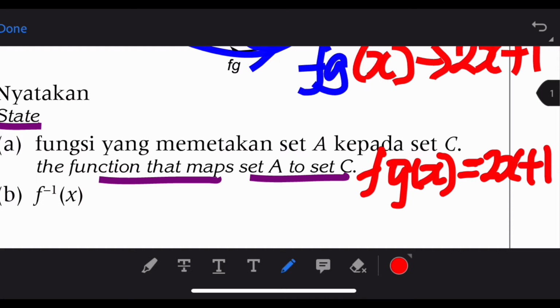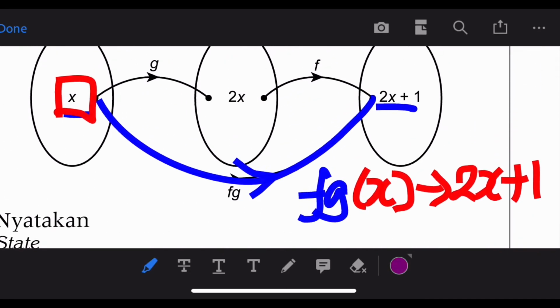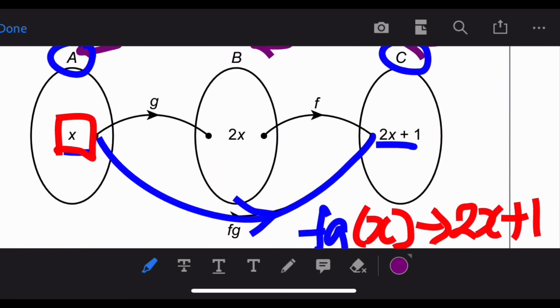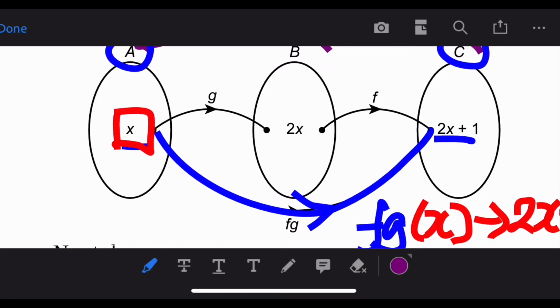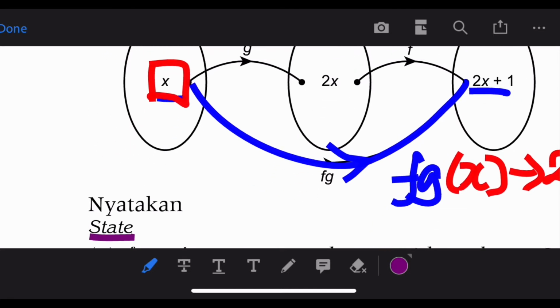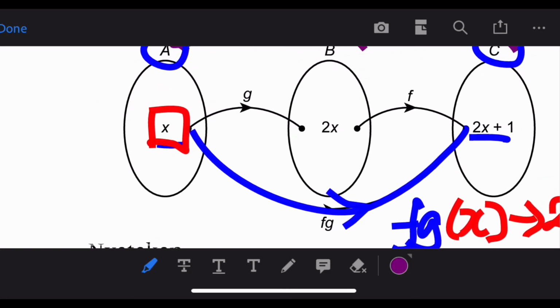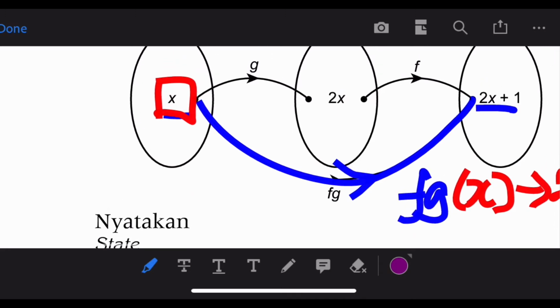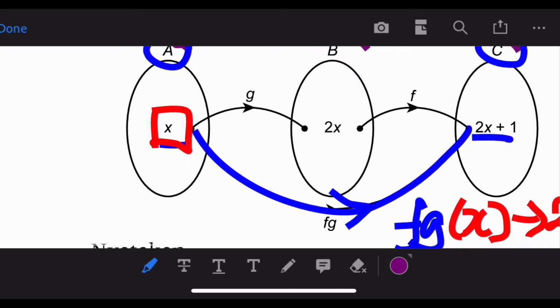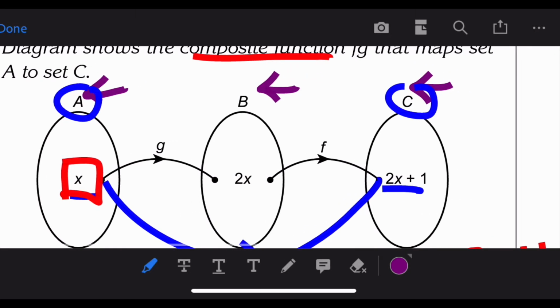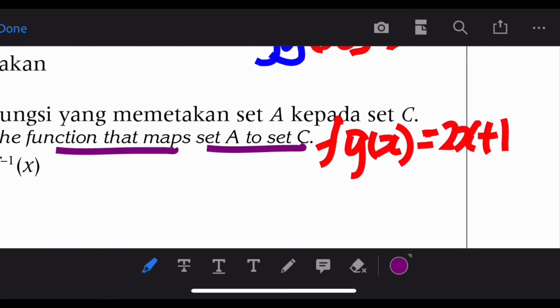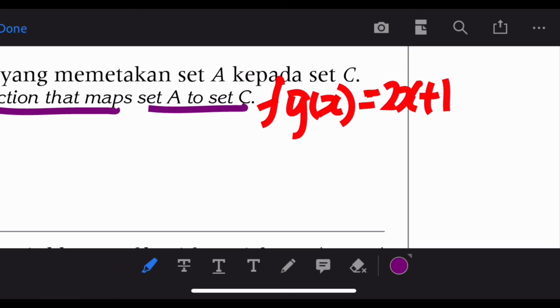Okay, so we have solved one question. How to find the inverse function for f? Inverse function for f. Okay, so let's see. Let's see what is the function f first. We have to find the function f, right? So let's find out the function f.